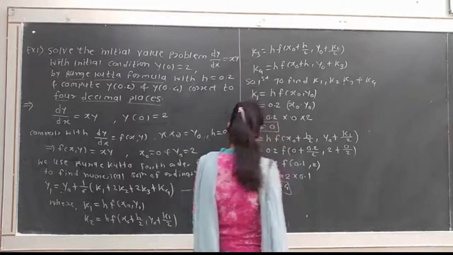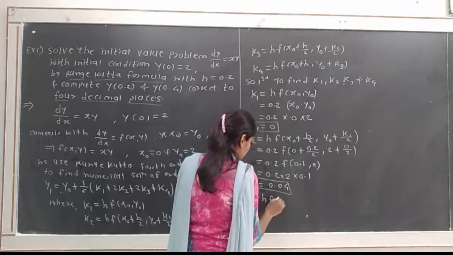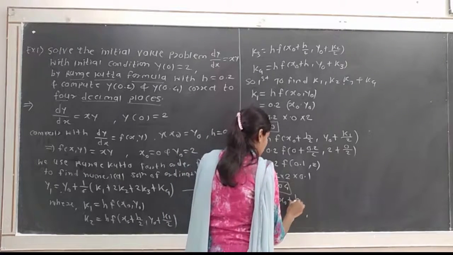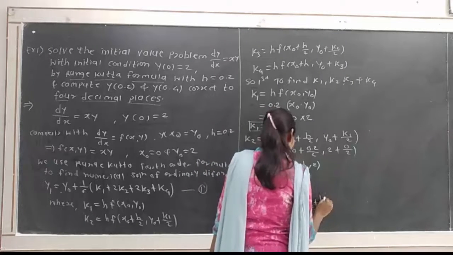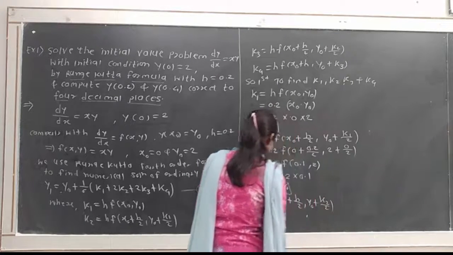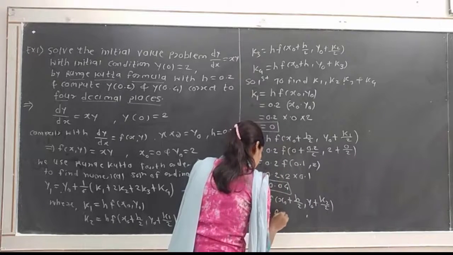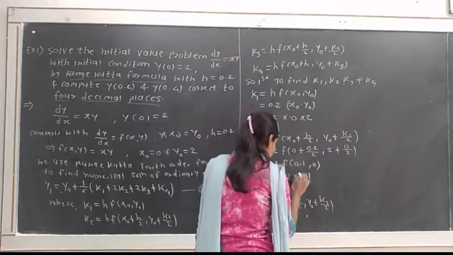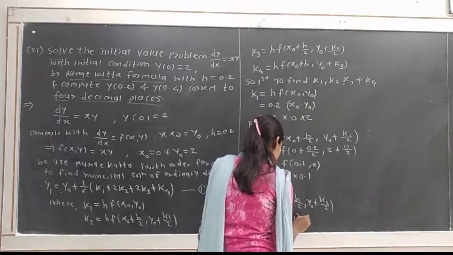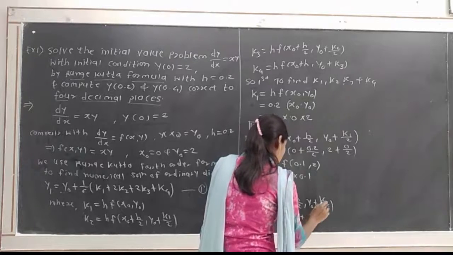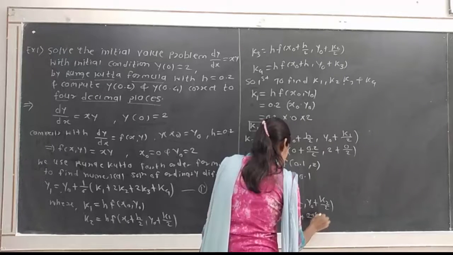Next, to find the value of k3, the formula is h f of x0 plus h divided by 2, comma y0 plus k2 divided by 2. Again we put in the values, so h will be 0.2, and x0 plus h by 2 we find here is 0.1, comma y0 will be 2, so 2 plus k2, which is 0.04, divided by 2.